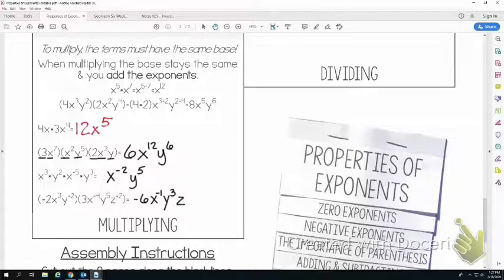Okay, looking up there, raise your hand if that's what you got on those. Okay, what is the one thing you can't have in your answer? The negative exponent. So looking at that first one, does one of those two have a negative exponent? Yes. Which one? X. So I'm going to take the negative exponent and its base, and I'm going to move it to the denominator.